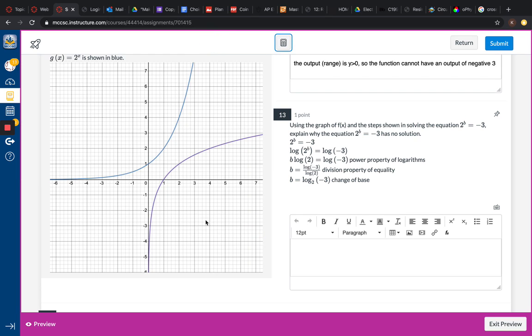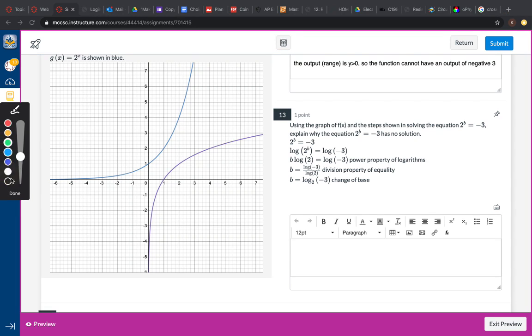So we're going to use the graph to explain why this doesn't work. If we're looking at the purple function, look at our x values. The x values have to be greater than 0. The domain of the purple one is going to be anything that is greater than 0. Here it's asking us to input negative 3.